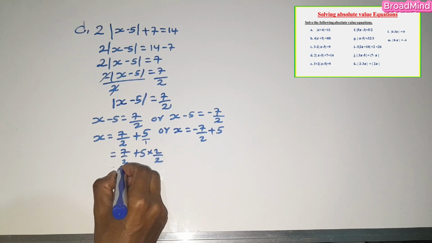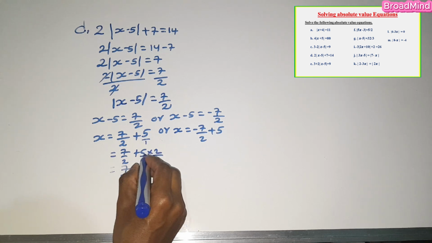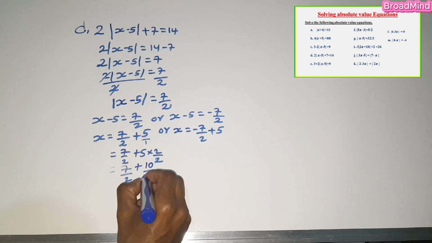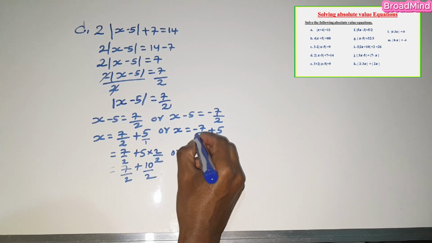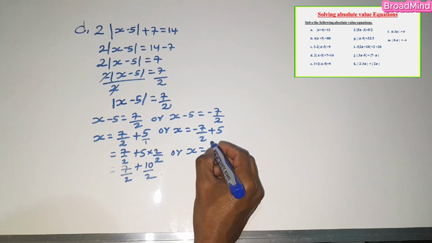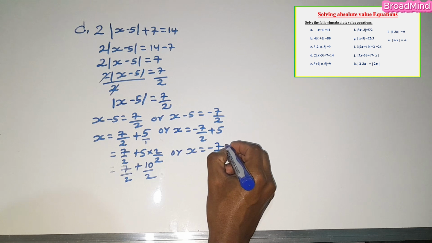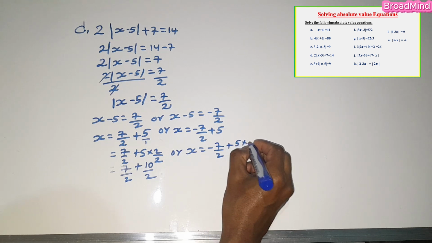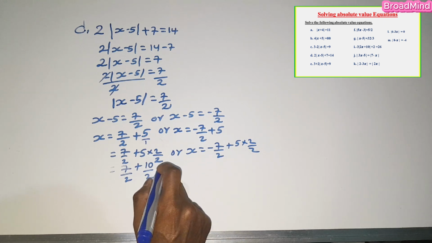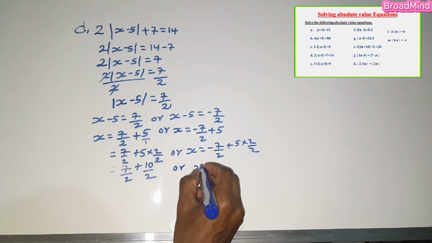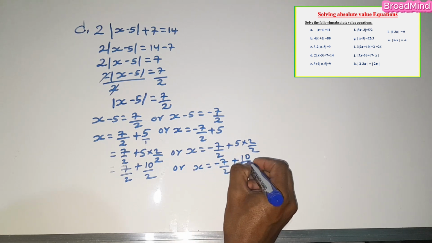Then 7 over 2 plus 5 multiplied by 2, that is 10 over 2. Or here x is equal to, with the same procedure as we did here, negative 7 over 2 plus 5 multiplied by 2 over 2. Or x is equal to negative 7 over 2 plus 10 over 2.